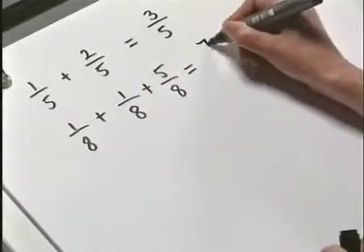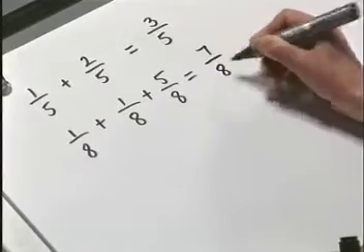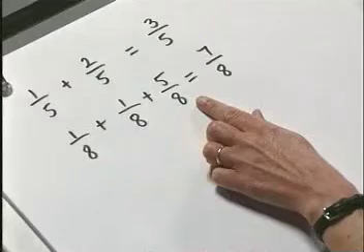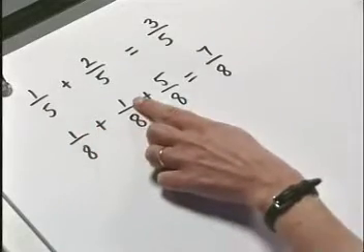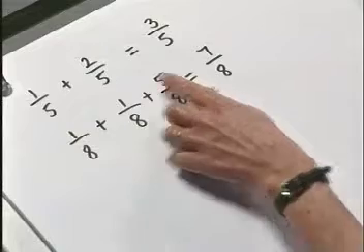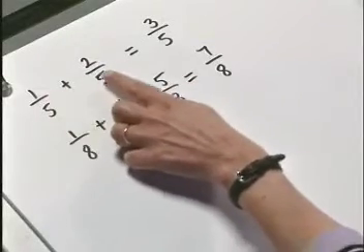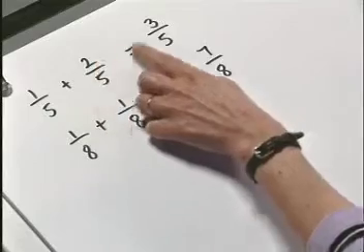So that gives me a total of 7/8. If we're adding like fractions, so the fractions are all of the same size, here we had 8ths, so all the denominators were 8, we can just add the numerators. Here the denominators were 5ths, they were the same size, so we could add the numerators.